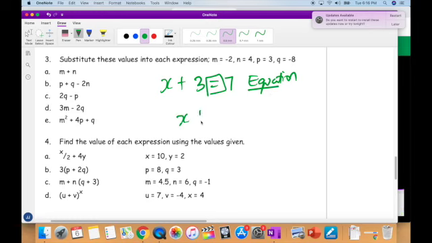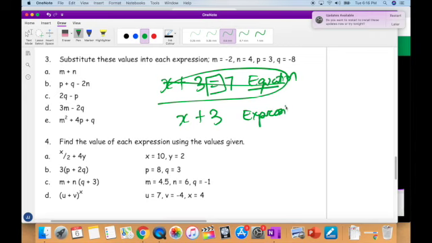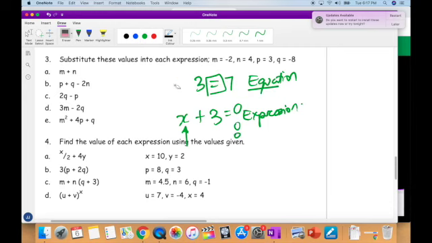If I just had x plus 3 alone, that is an expression. There is no equal sign. It's not equal to anything.